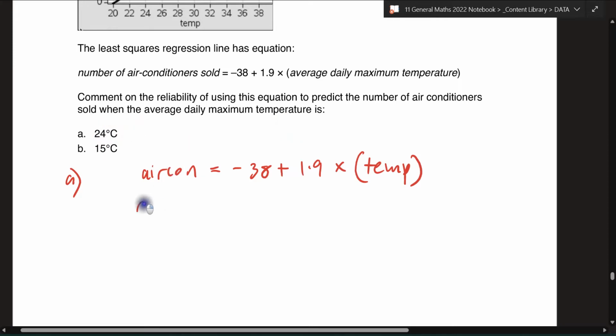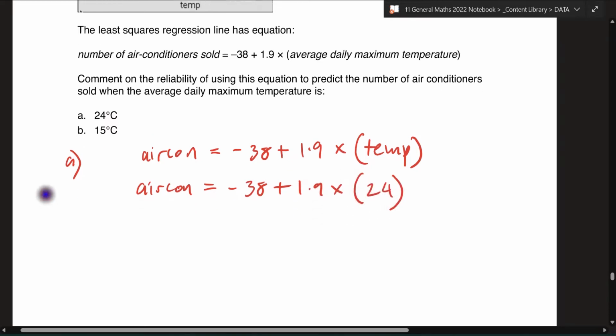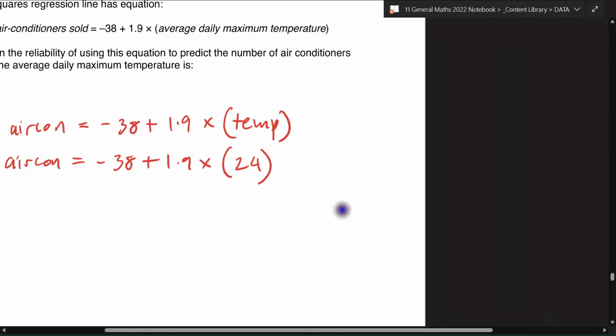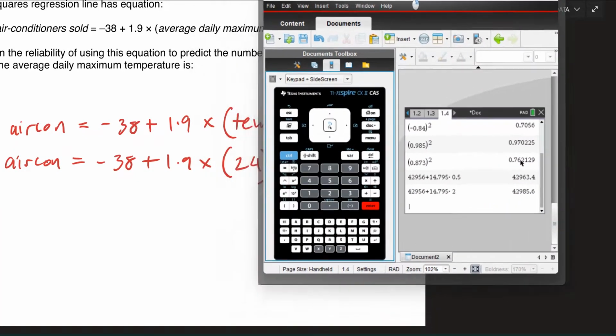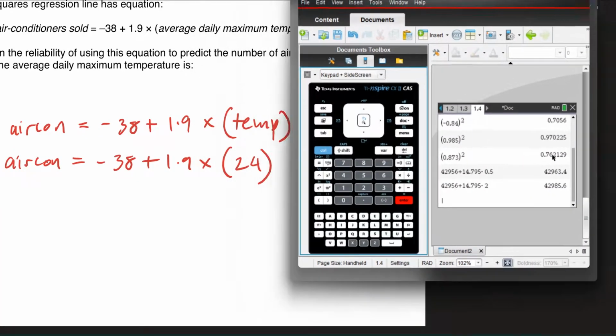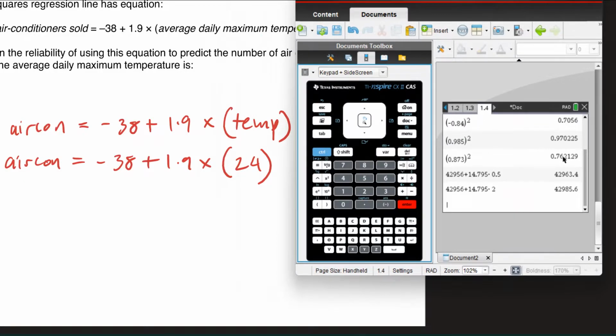So it's going to be aircon equals negative 38 plus 1.9 times 24. Putting that in my calculator. Okay, so negative 38 plus 1.9 times 24 equals 7.6.